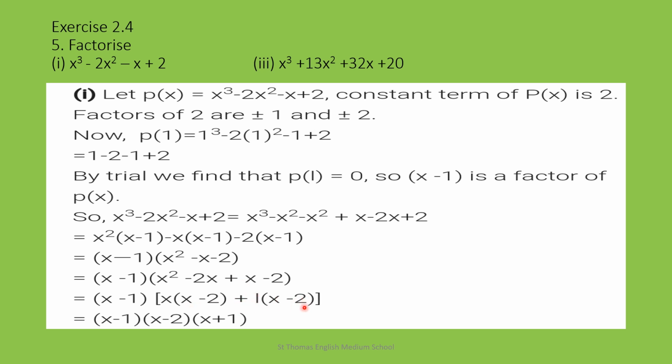Now in both the terms you have x minus 2 as a common factor. If you take the common factor outside, you will have x plus 1. So the factors of the cubic polynomial are x minus 1, x minus 2 and x plus 1. That means for the cubic polynomial you are getting three factors.